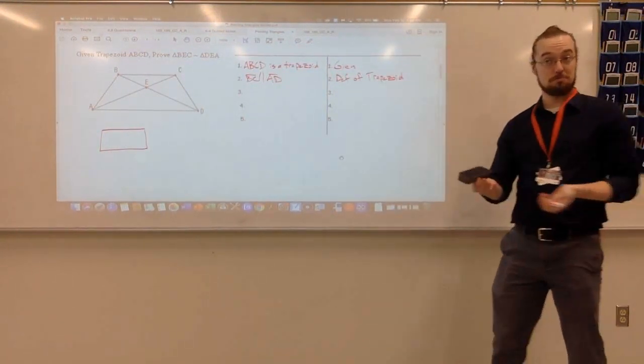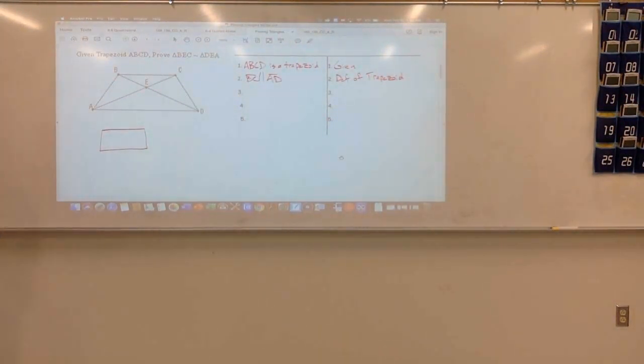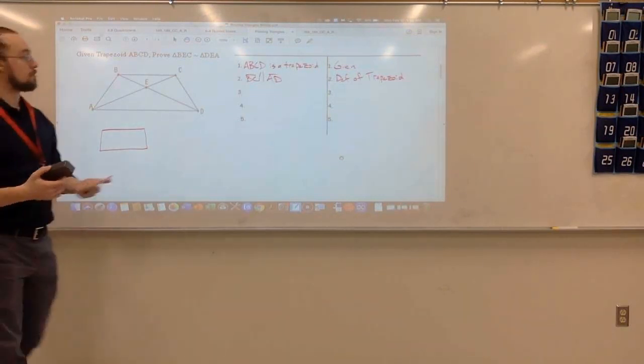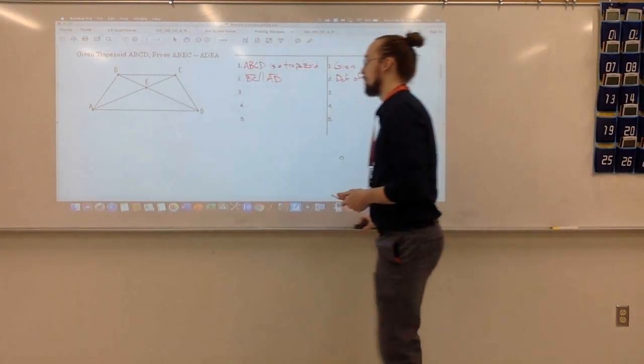There isn't really a good way to tell if it's not obvious. If it is something like that, hopefully they would tell you which pair of sides are parallel. But in this case, it is obvious which is a pair of parallel sides.